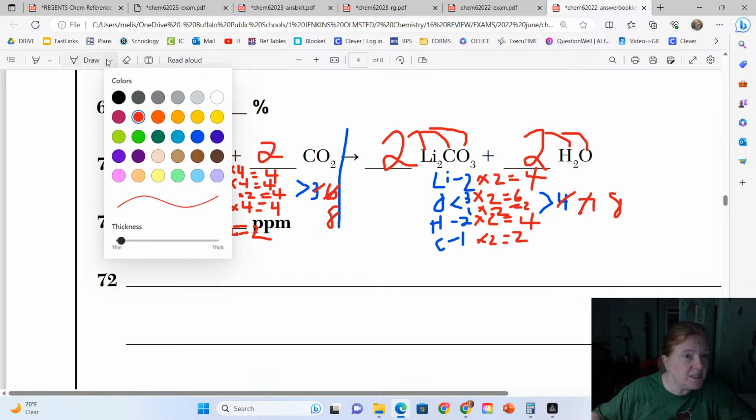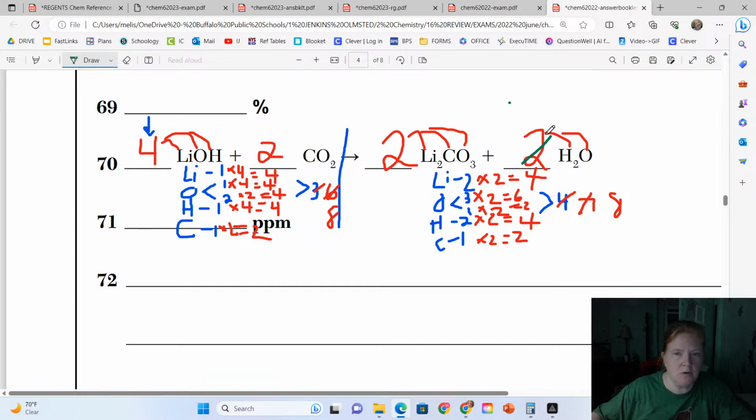So my complete answer is after I divide them all by 2. So what's 2 divided by 2? 1. What's 2 divided by 2? 1. What's 2 divided by 2? 1. And what's 4 divided by 2? 2. That is your answer. Now you can write the ones or you can leave them blank. That's up to you. Okay?